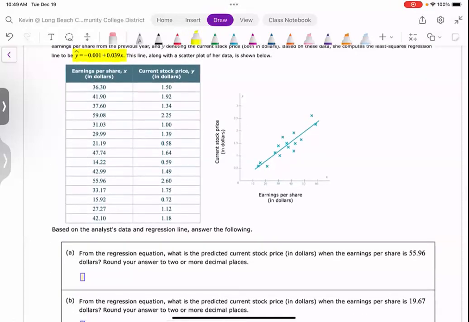Based on the analyst's data and regression line, answer the following. From the regression equation, what is the predicted current stock price in dollars when earnings per share is $55.96? And we're going to round to 2 decimal places. So this is going to be Y hat. Y hat is equal to negative 0.001 plus 0.039 times 55.96.